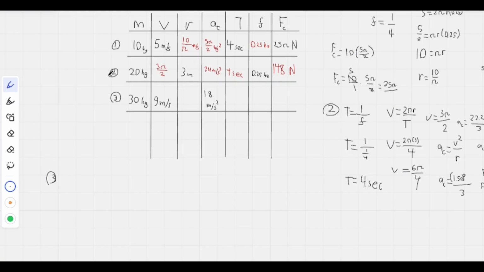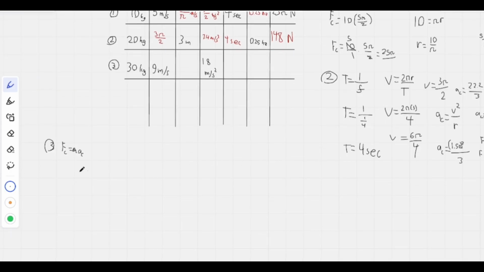We are given a mass of 30 kilograms, a velocity of 9 meters per second, and an acceleration of 18 meters per second squared. Now, with this, we can find our FC, our force, by doing FC equals MAC.